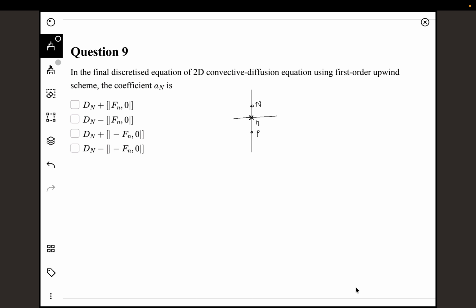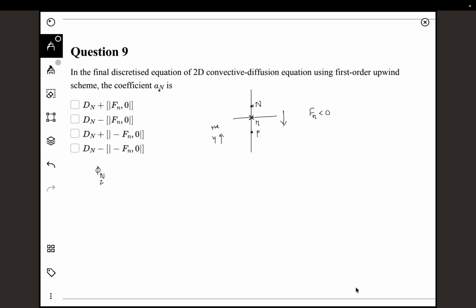If you recall, the contribution for aN will come from the term phi N. Contribution from phi N will happen only if advection carries information from the north direction, which will happen only if the field is like this and the positive direction is along this one. So this will happen only if Fn is negative.